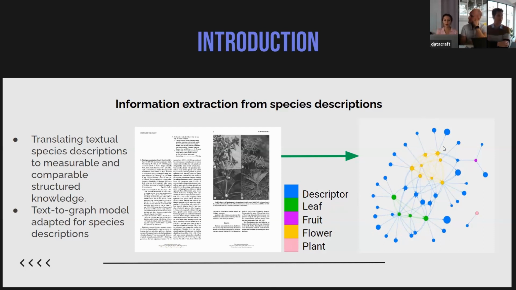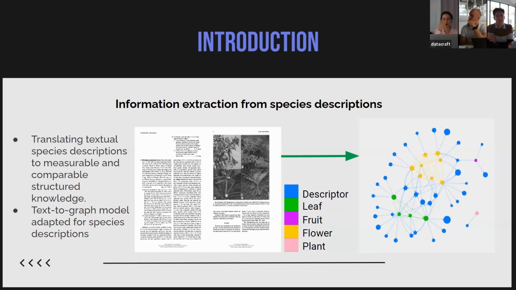So the idea by creating this kind of graphs is that we can compare several species descriptions between them, and it's much easier to identify if a specimen belongs to a given species just by seeing how many descriptors are activated, for example. But the problem is that this is still really heavy for experts to do.